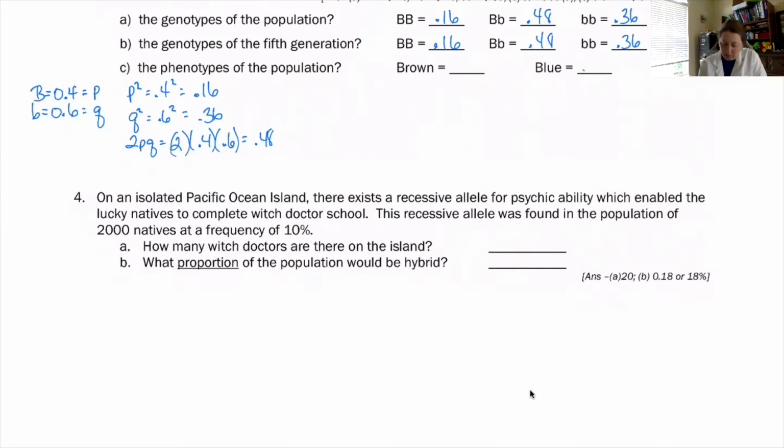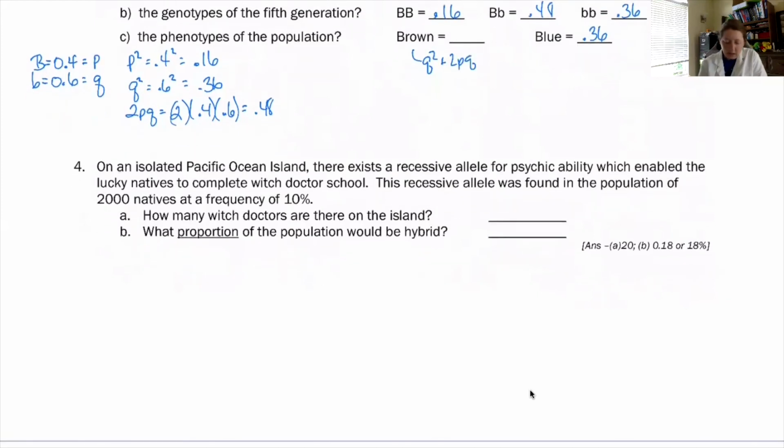That is going to be 0.36, but my brown is both P squared and 2PQ. So my P squared again was 0.16. My 2PQ was 0.48. So that's going to give me my 0.64. You could have found it, I guess, by subtracting from 100%. Again, there's several ways that you can go about this.